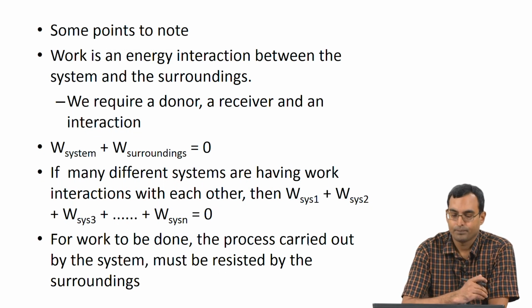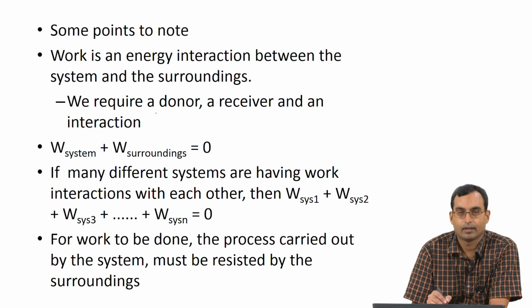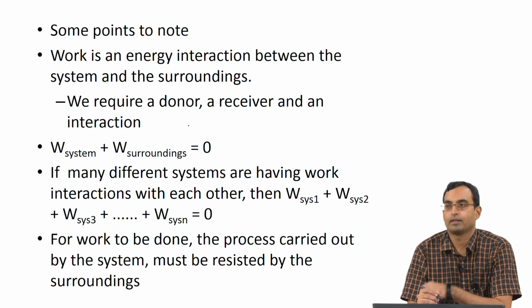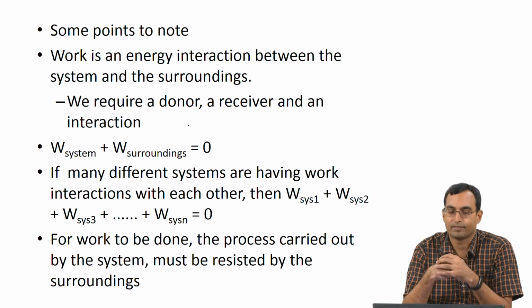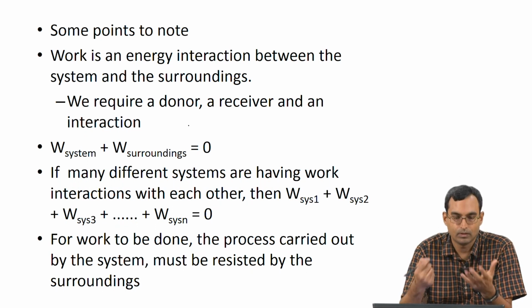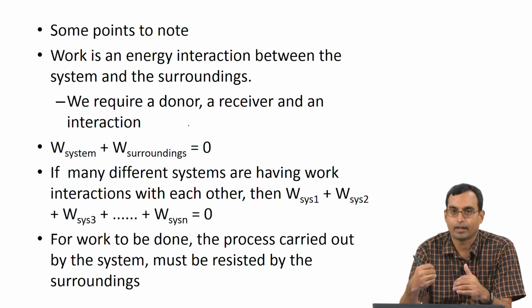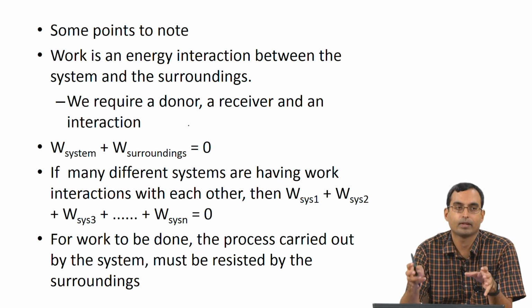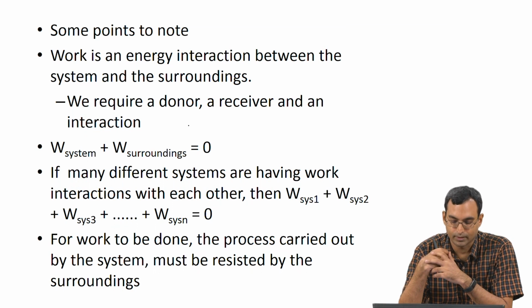Therefore, we require a donor, somebody to do the work, a receiver, somebody to receive the work, and some interaction between the donor and the receiver. So, we need all these three aspects in order to define work. If you just have the two objects and there is no interaction, then of course, there is no work which is done.